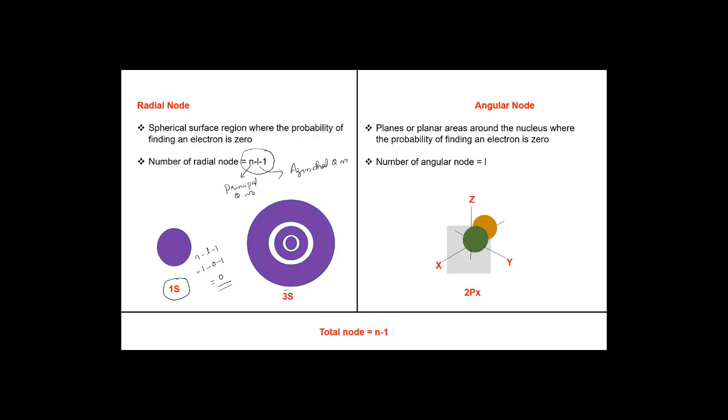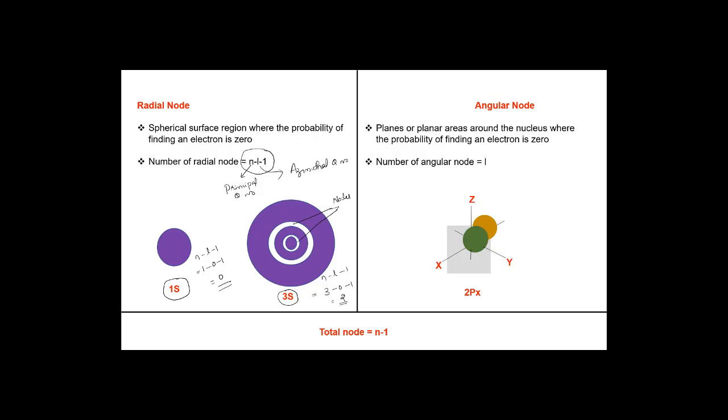If you calculate the same for the 3s orbital, n minus L minus 1 is equal to 3 minus 0 minus 1, which is 2. Here in this picture you can see two white colored regions; these are the nodes of the 3s orbital.